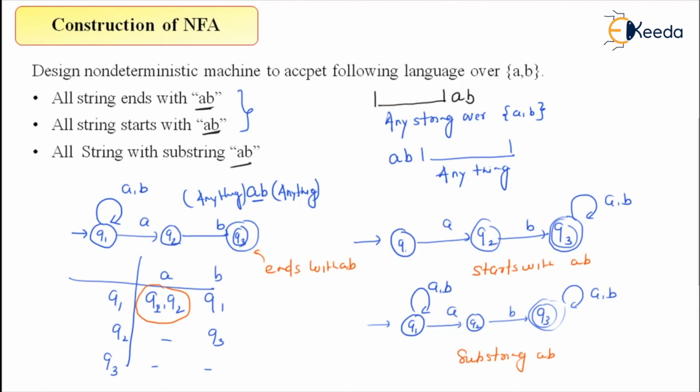So that is your NFA, and I don't want to go into the proof part, but the NFA model is like the DFA model. Whatever a DFA can do, the NFA can also do. So that is your NFA, non-deterministic finite automata.